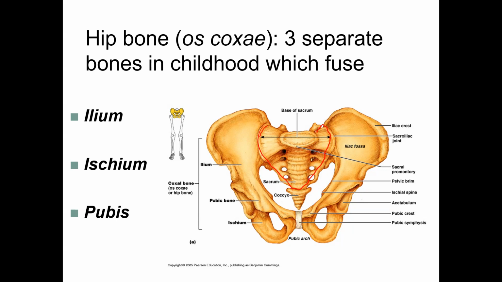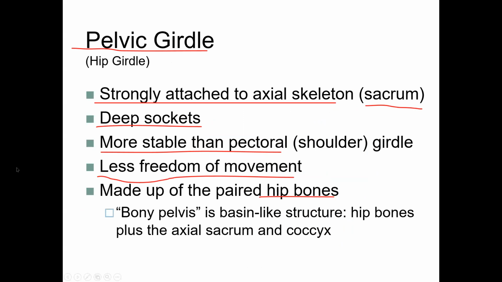Now, they are strongly attached to the hip bones. Right? Strongly attached to the hip bones. Why is that? Because the hip bones help to give stability to your lower body and middle body.